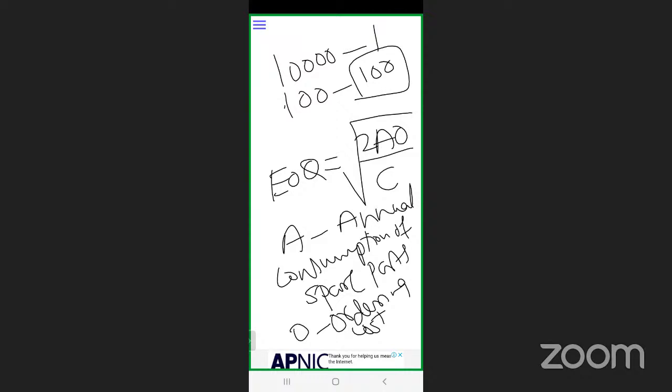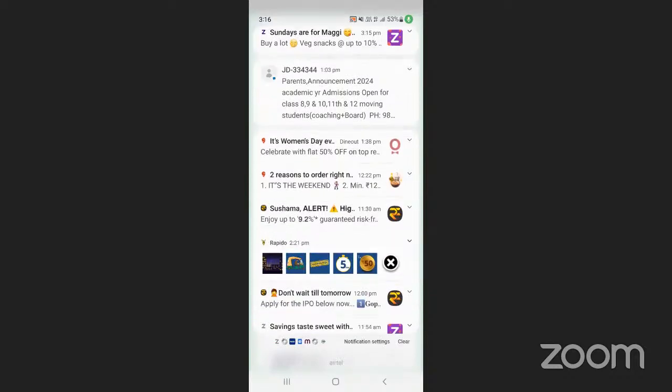Then you have C. C stands for carrying cost. How much cost am I incurring? Carrying cost, as we saw in yesterday's class, includes the interest charges, the depreciation of the units which we are storing, cost of stationery, and insurance. We have to get it insured in case something happens to the inventory.